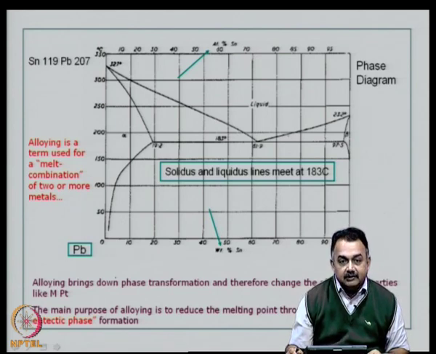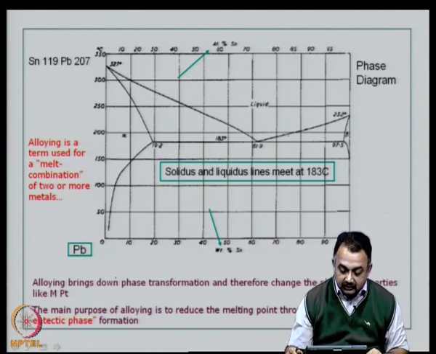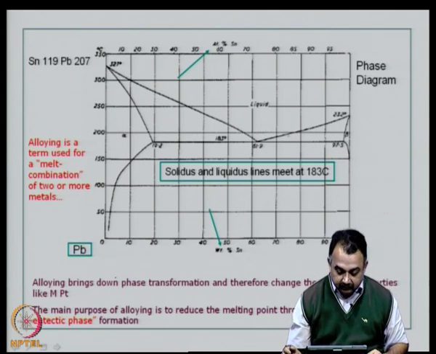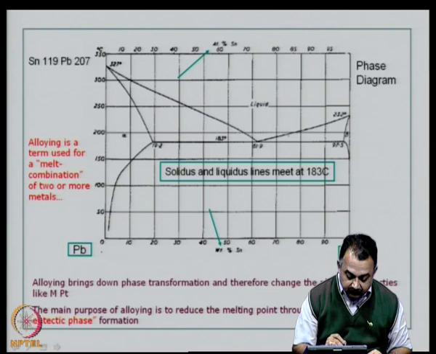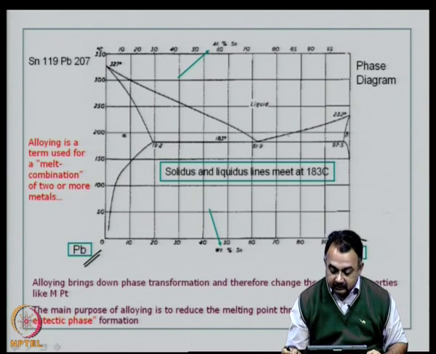If you look at a phase diagram, many of you are aware of what a phase diagram is. In this case it is a tin lead alloy. Here on the left side you see 0% lead, and here you can see 100% tin.